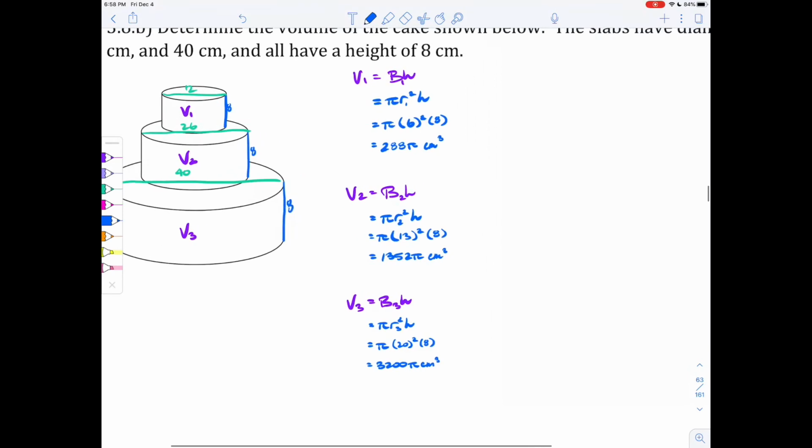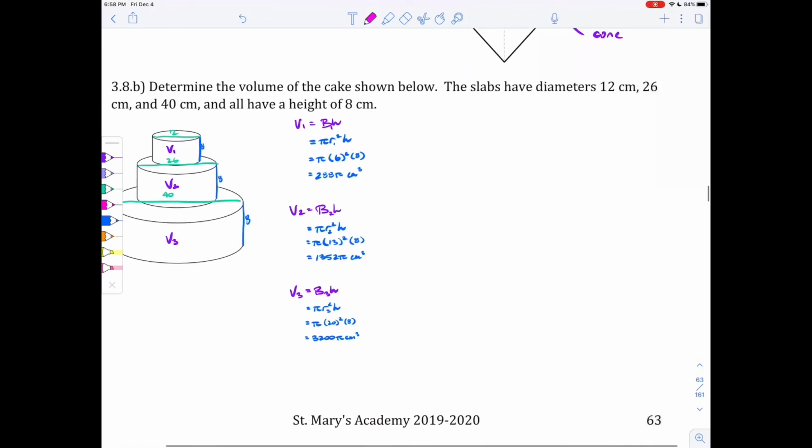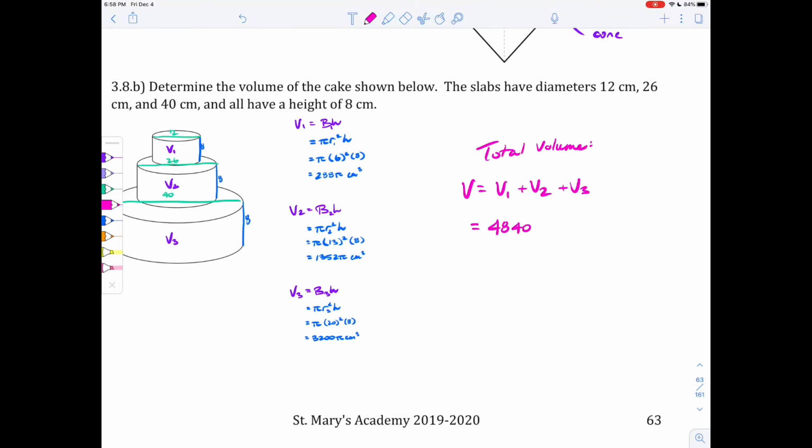And now that I've got those components, I can put together the total volume, where my volume is the combination of V1, V2, and V3. Which, for us, if we add all those together, gives 4,840 pi cubic centimeters.